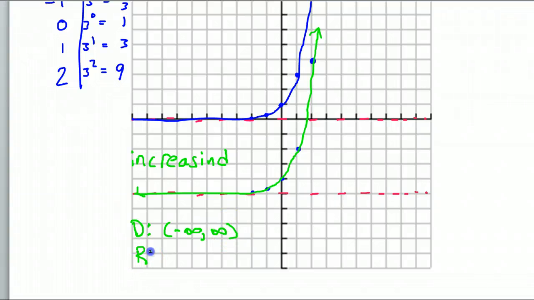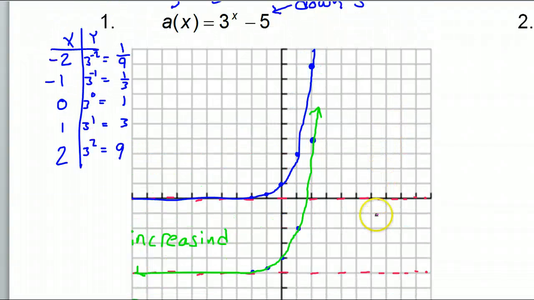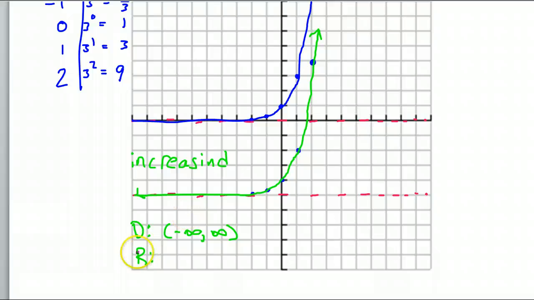The range, bottom to top. The bottom of this graph is down here at -5. Hold on, did I mess up? No. So the range starts at the asymptote of -5. So the range will be -5 to infinity because it goes from the asymptote up, bottom to top.